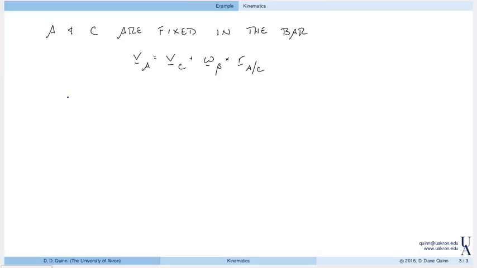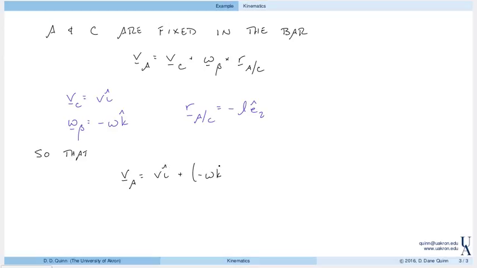So here, recall that the velocity of C was v in the I direction, the angular velocity of the bar was minus omega in the k direction, and the position of A with respect to C is minus L in the E2 direction. And therefore, we can solve for the velocity of A. Velocity of A is v in the I direction, plus now the angular velocity, which is minus omega k, cross minus L E2.